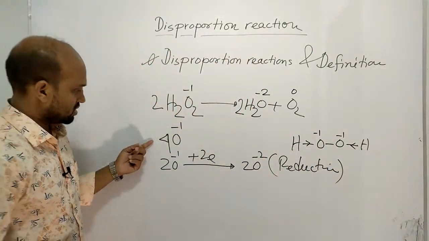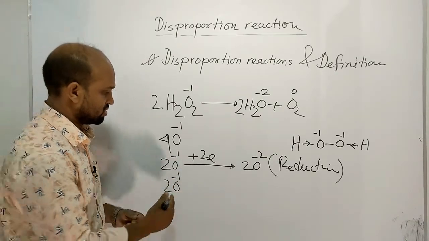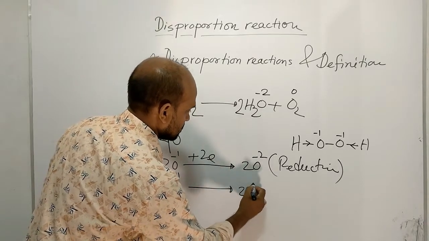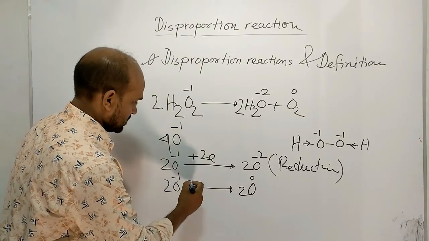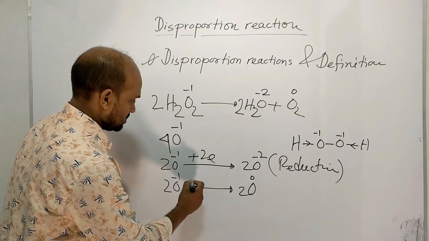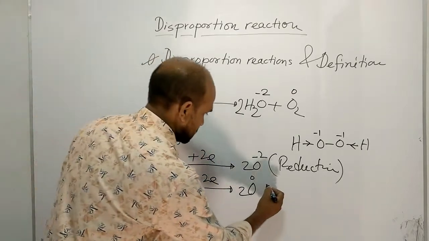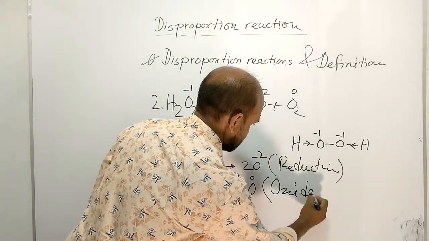Again, another 2 oxygen atoms with oxidation number -1 are changed to oxygen 0, that is here, releasing two electrons. Releasing two electrons is oxidation.